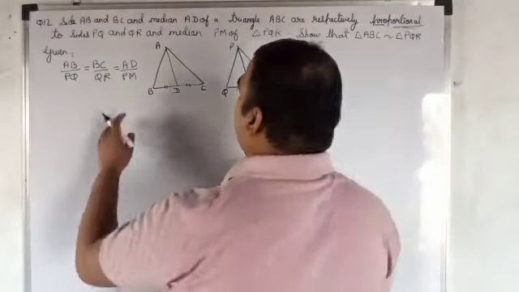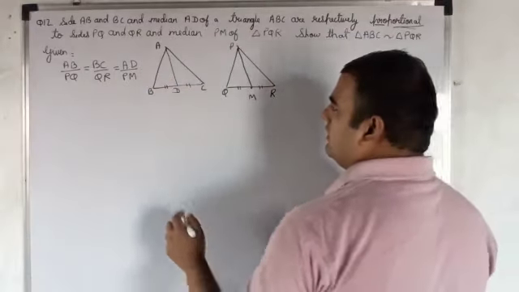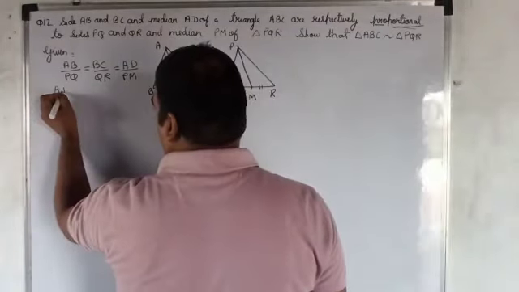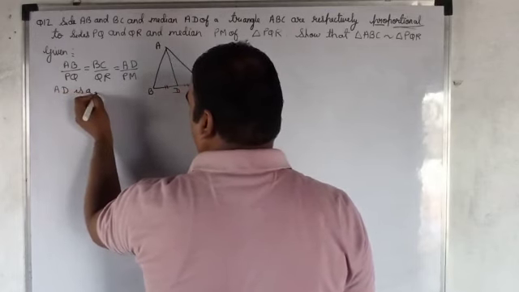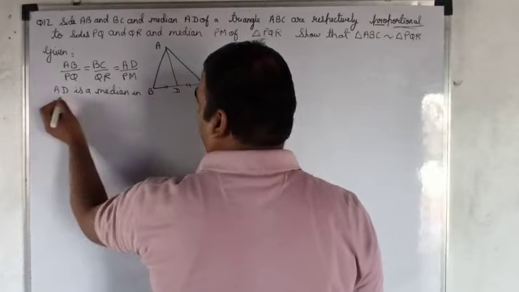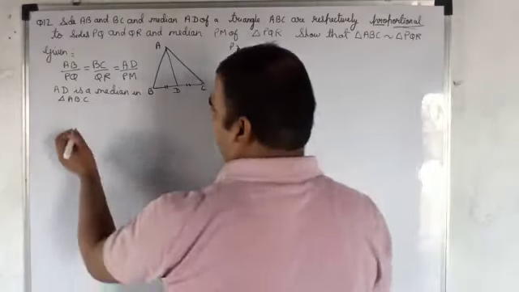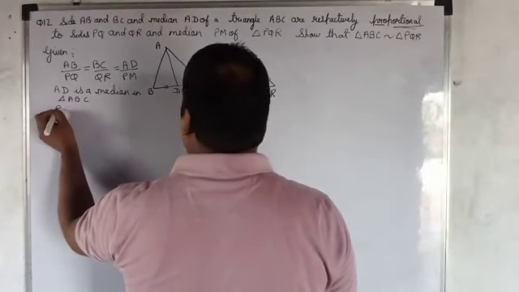Now, next given is what? AD is a median in triangle ABC, and next, PM is a median.